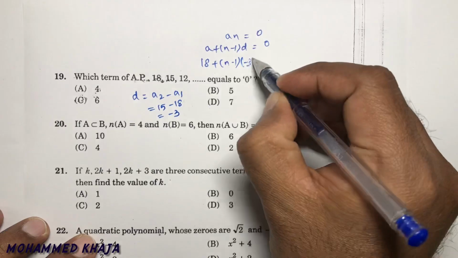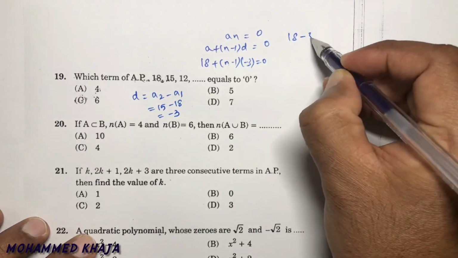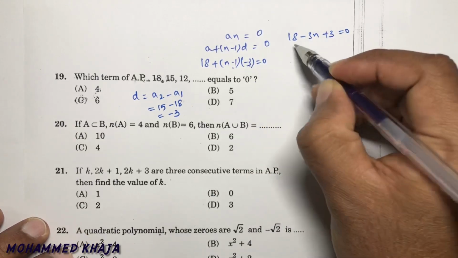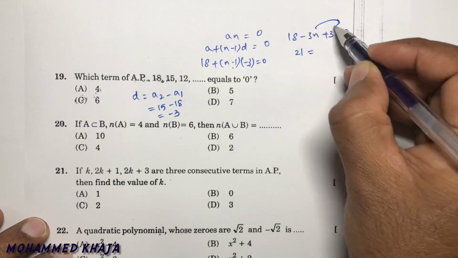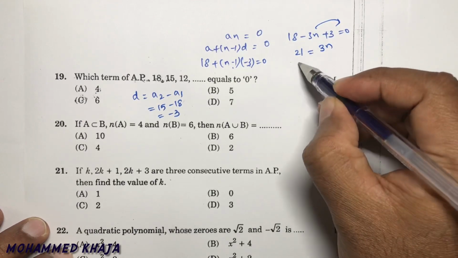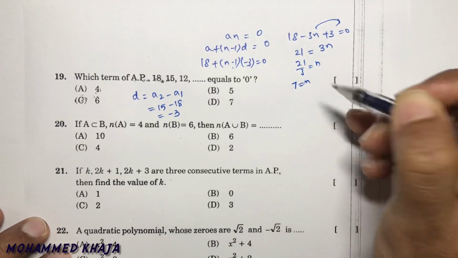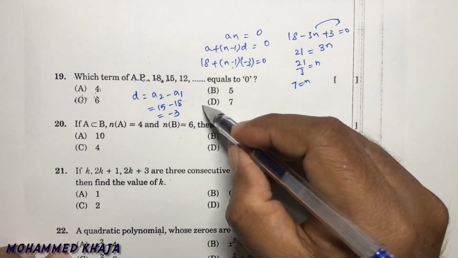So 18 plus n minus 1 into minus 3 equals 0. 18 minus 3n plus 3 equals 0. 18 plus 3 is 21 equals 3n after transposing. So 21 by 3 is n, n equals 7. So the seventh term is 0. The correct option is D.